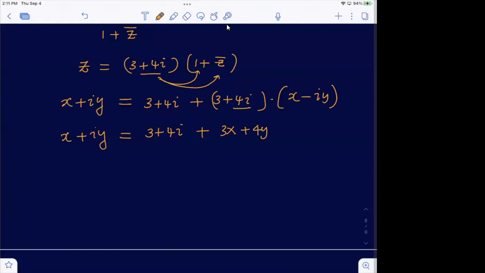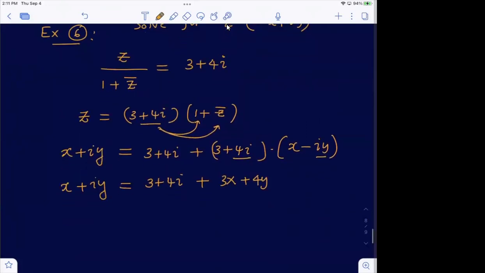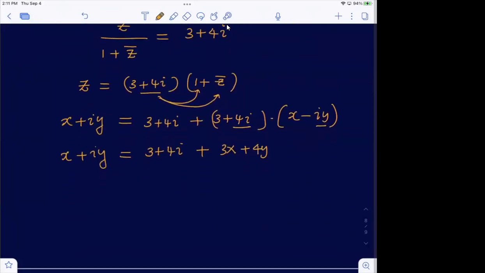Right, when you multiply these two last terms, you will get negative 4y i squared, but the negative sign will be simplified because of the i squared, and then simplification here is going to give you i times 4x, and then the last piece is minus 3y.